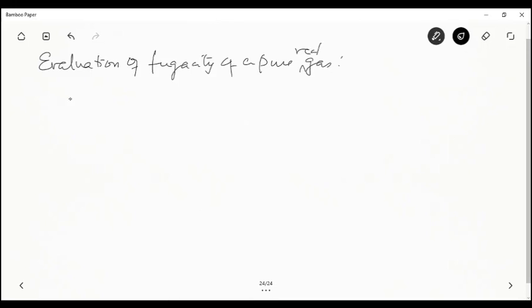So you will get d mu T, that is a change in Gibbs function, change in partial molar Gibbs function, in this particular case molar specific Gibbs function at constant temperature, is written as v dP at constant temperature.